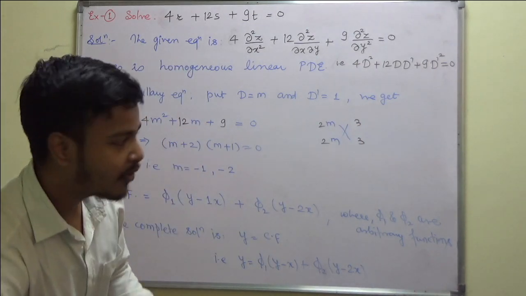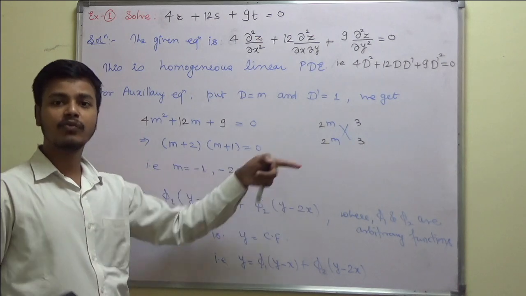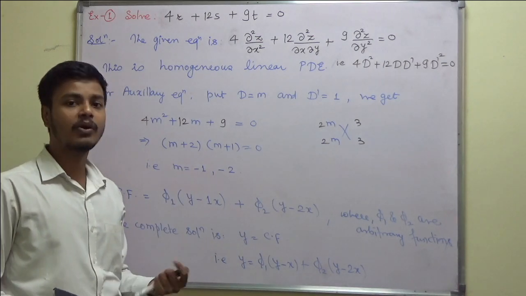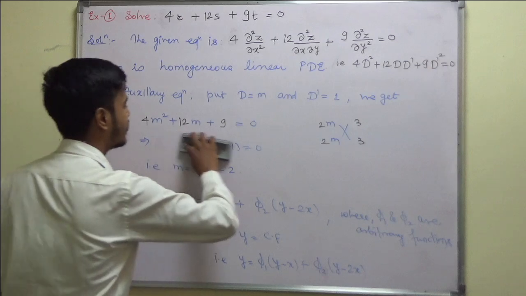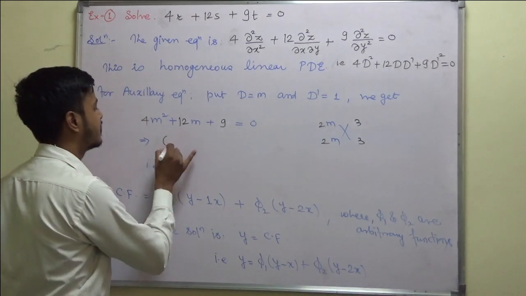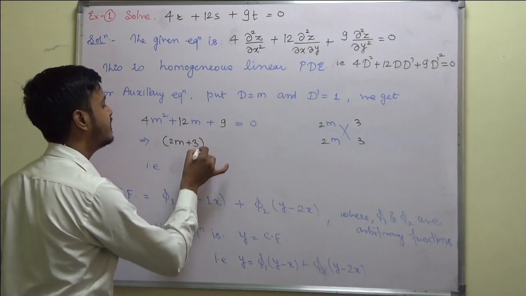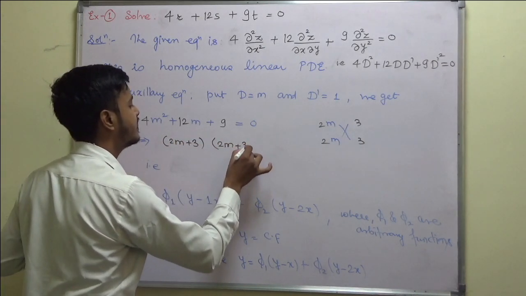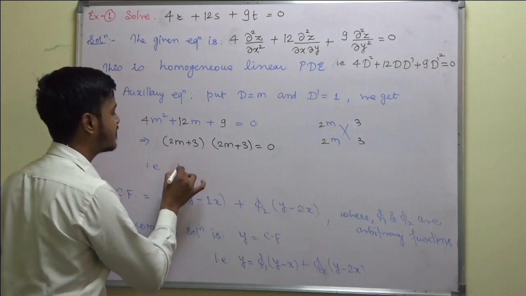Okay, if you are not getting this trick, you can find it on your own or you can find it with the help of calculator. So what are now my roots? So factors are 2m plus 3, 2m plus 3 is equal to 0. So what is my m?